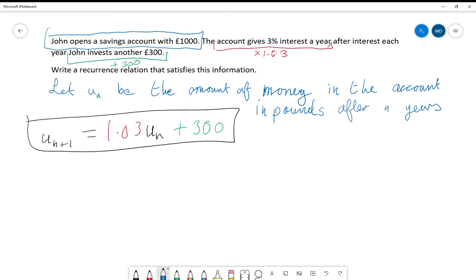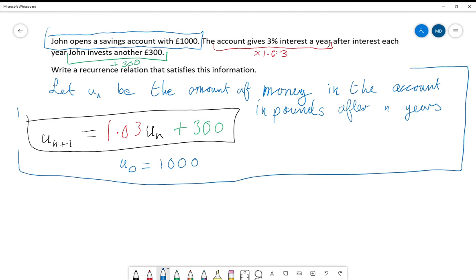Well, 0 years. So that's got to be our U0, not our U1. You also write down that U0 is equal to 1,000. And this here, including the definition, is our full description of that information in a more mathematical sense. Okay.